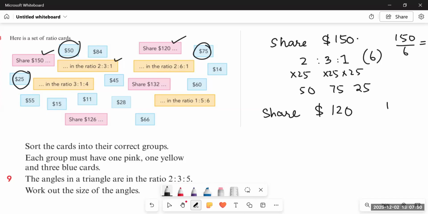3:4:1. So which gives us a total of 8. And now when we divide 120 by 8, we will get the answer in a whole number, and that's 15. So we'll multiply 15 by 3.